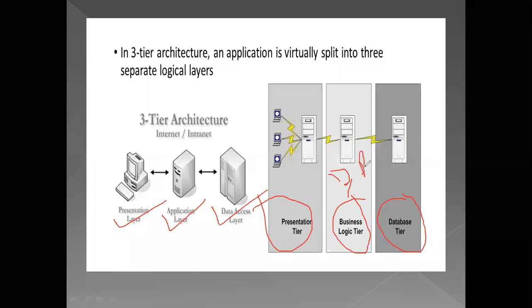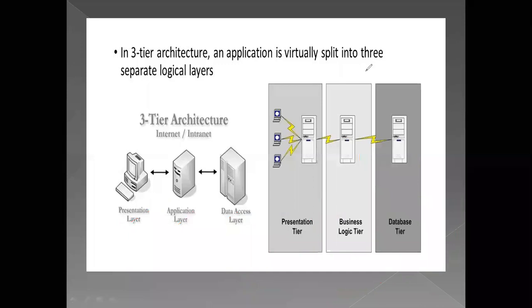In the database tier, of course, those queries are being raised and served. Means what? We are using DML, we are using DDL, or sometimes we are using DCL. So accordingly, we have 3 layers in the case of 3-tier architecture. Is this diagram clear to you? Yes, sir.